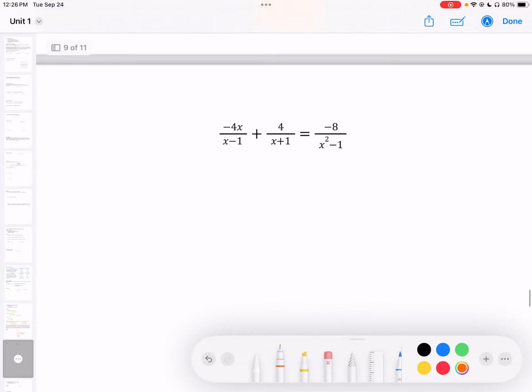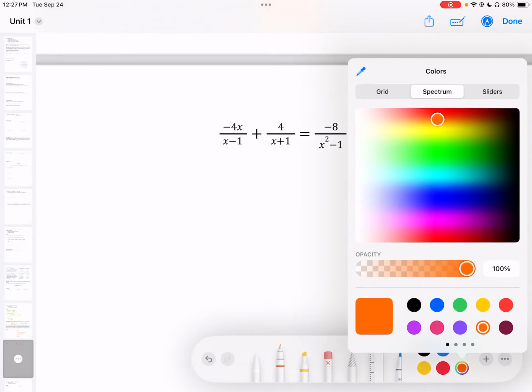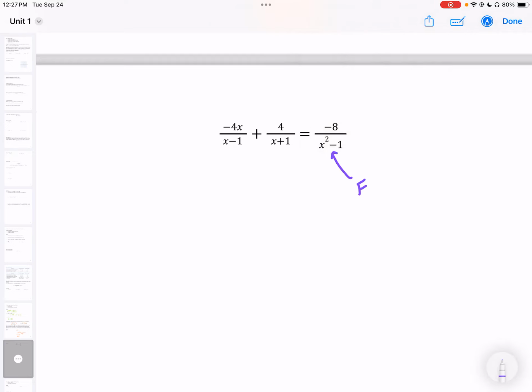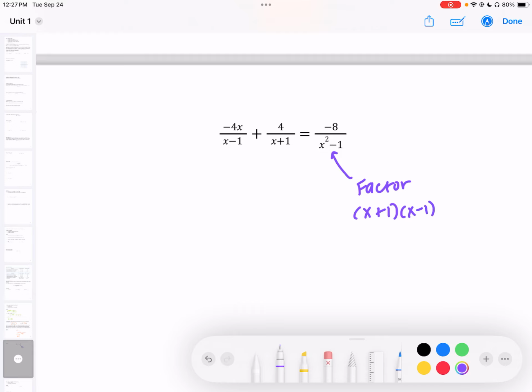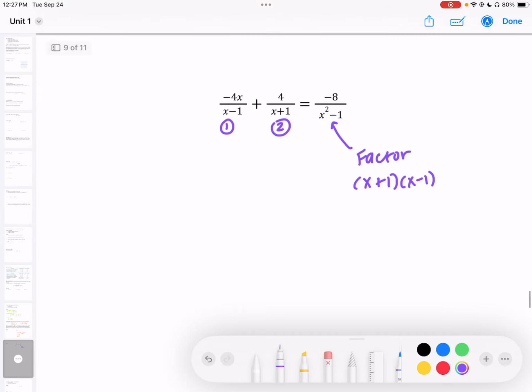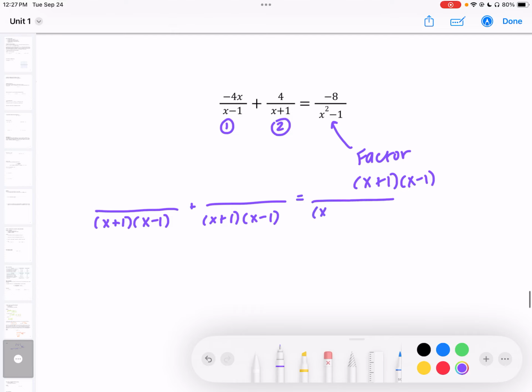The second example looks slightly more complicated because it requires factoring. If you factor this guy, you'll find that it's x plus 1 and x minus 1, which is great. That tells you we have one of them here and the other one here. So that means our new denominator is going to be x plus 1 and x minus 1. And our original does not have to change in the last one.